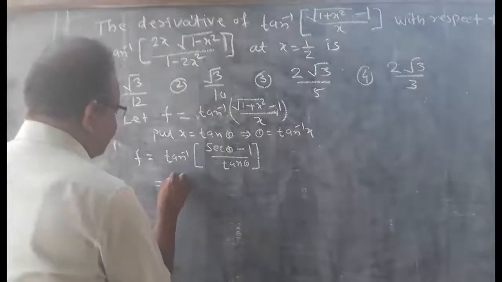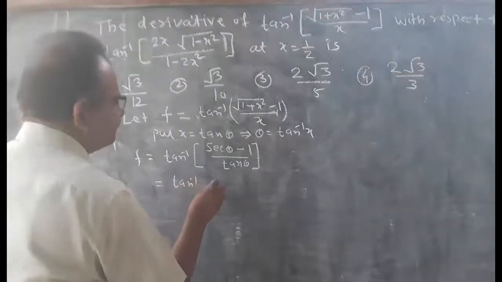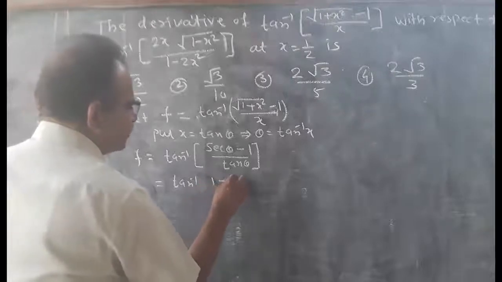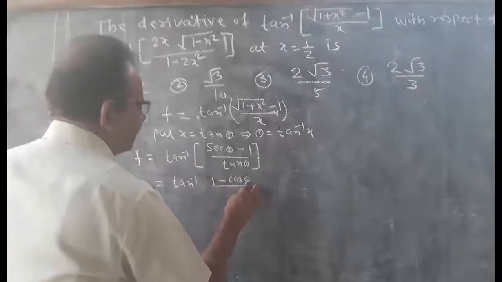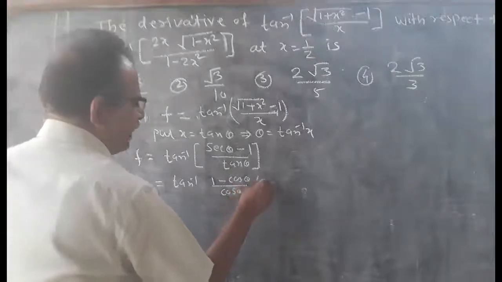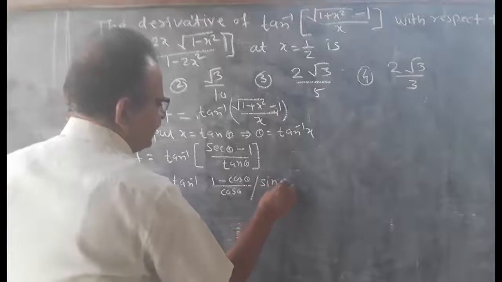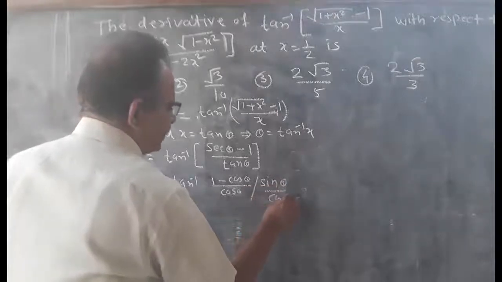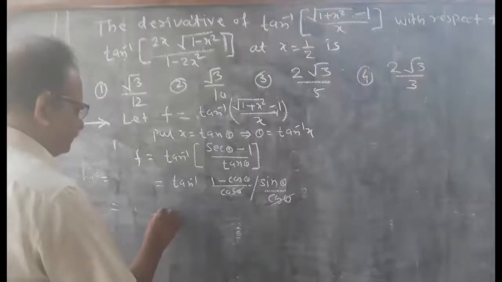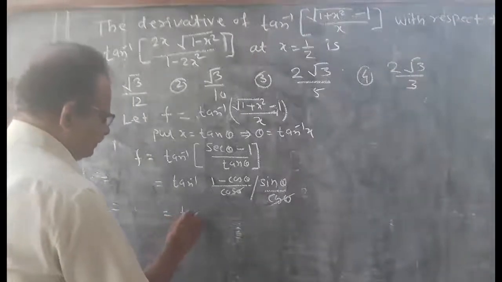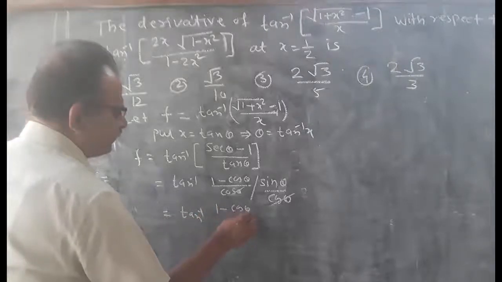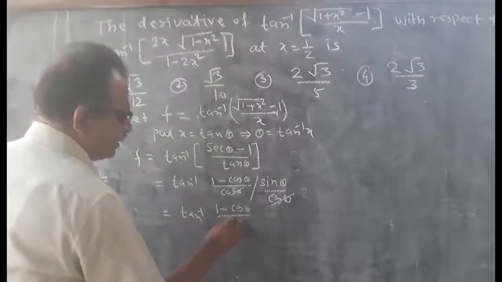Therefore, we can write this as tan inverse of 1 minus cos theta divided by cos theta, whole divided by sin theta by cos theta. Cos theta gets cancelled, and we will get tan inverse of 1 minus cos theta divided by sin theta.